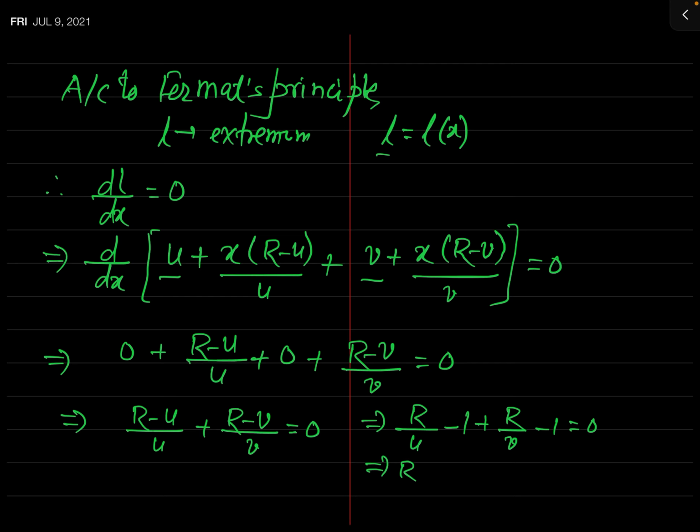So see here, let us take R as a common factor. This will be 1 over U plus 1 over V, and in the RHS there will be in fact 2. So from here you can see our result will be 1 over V plus 1 over U is equal to 2 over R. And you know this is actually the spherical mirror formula.